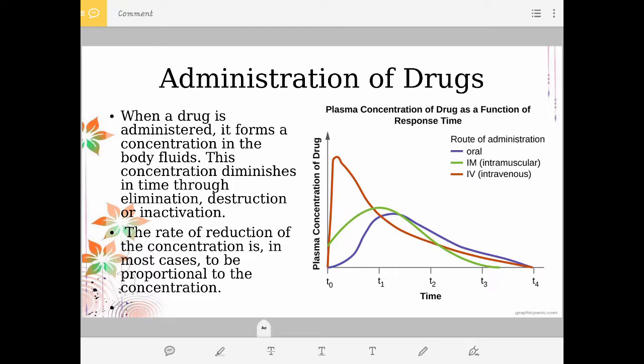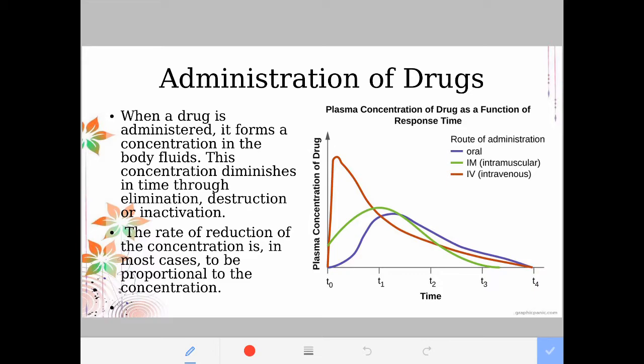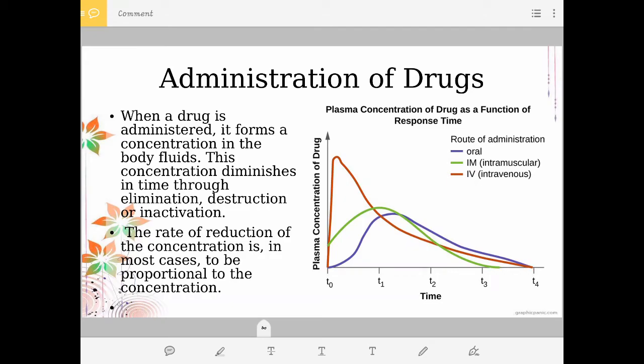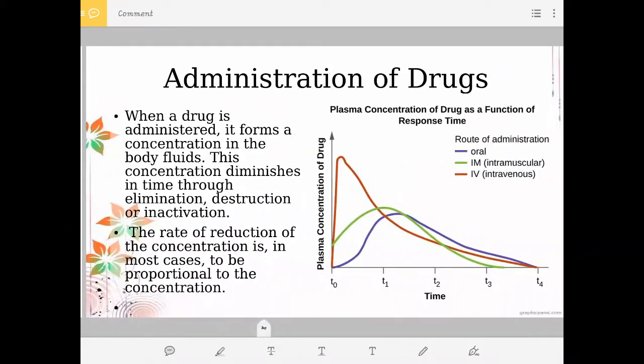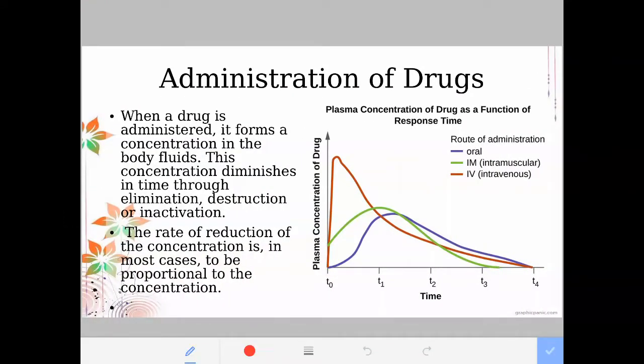So you can see, for the case of oral and IM routes, the concentration increases first. That is because we are looking at the plasma concentration, and for oral and IM, they are not directly administered to the bloodstream.